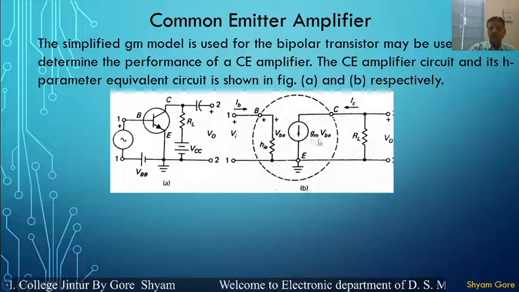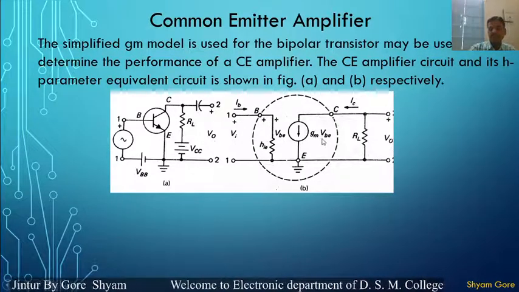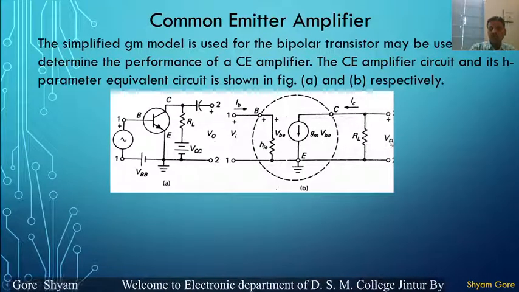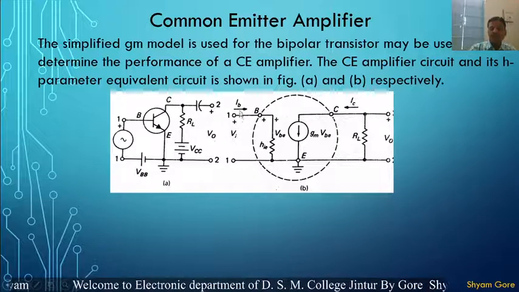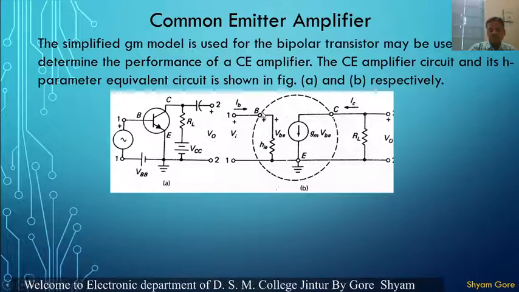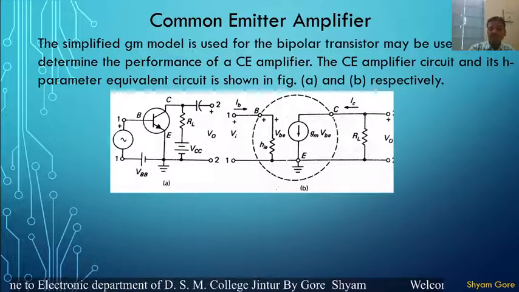Here the current source is represented with the help of the GM model, that is GM into VBE. The output current is IC, the load resistance is RL, the output voltage is VO, the input voltage is VI, and the input current is IB. So let us see the performance of the common emitter amplifier.